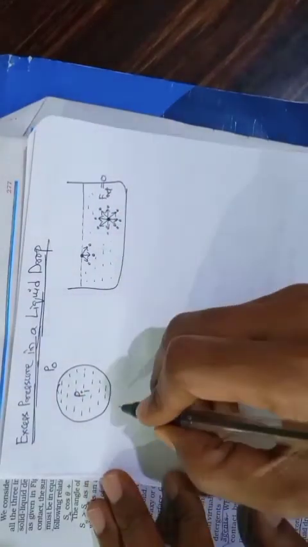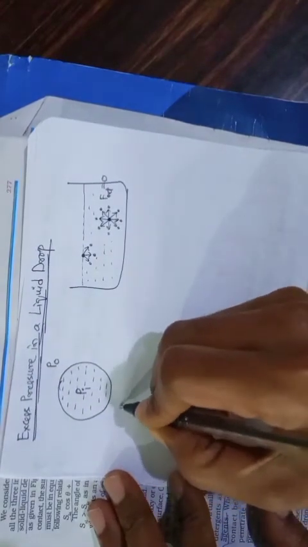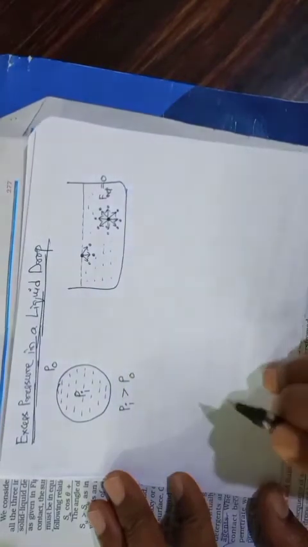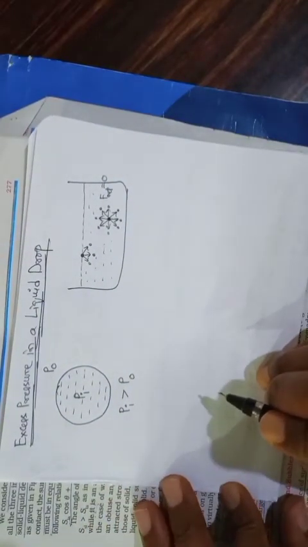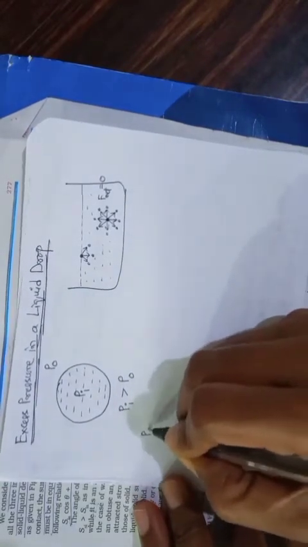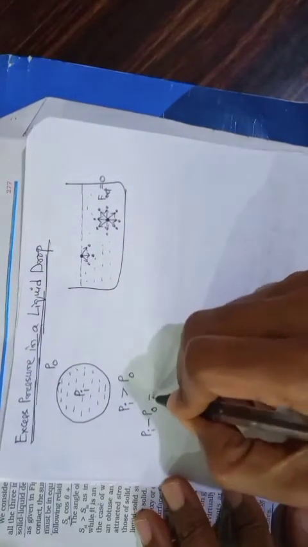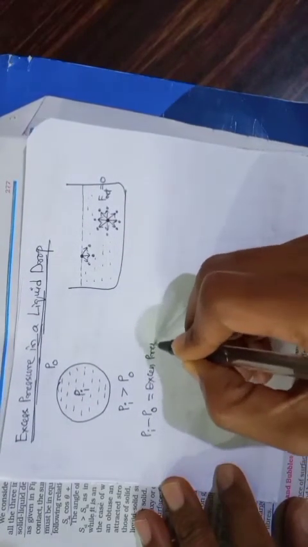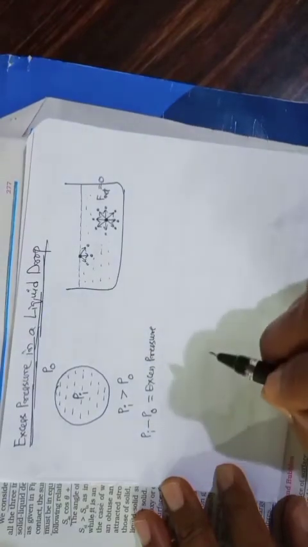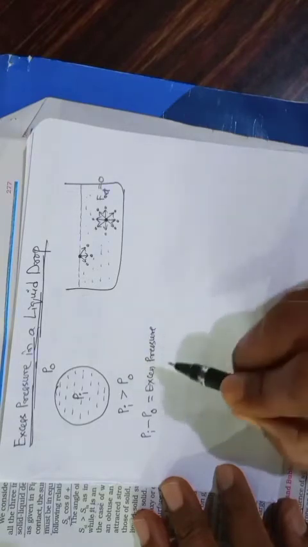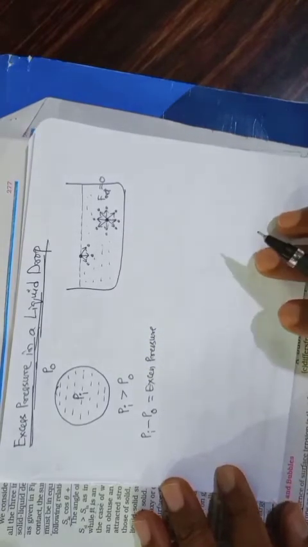So because of surface tension, inside pressure is more than outside pressure. How much more? That we can get by subtracting this from this. This much more is called excess pressure.